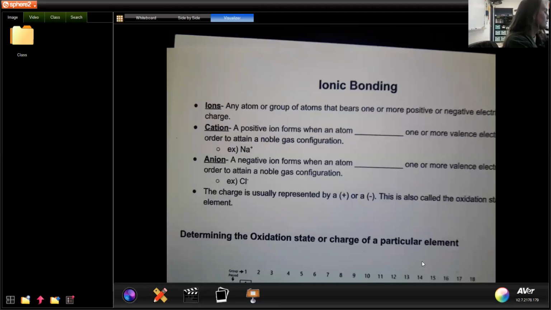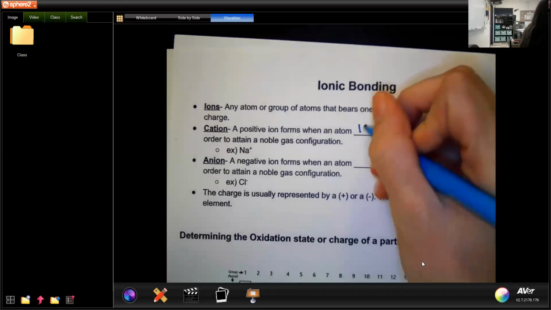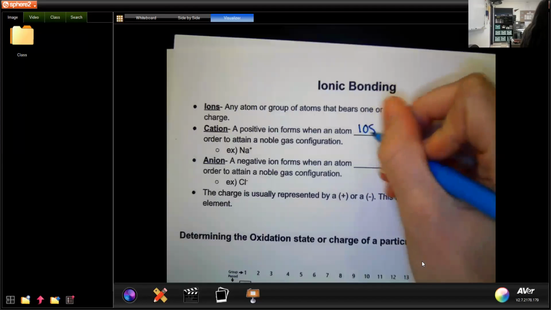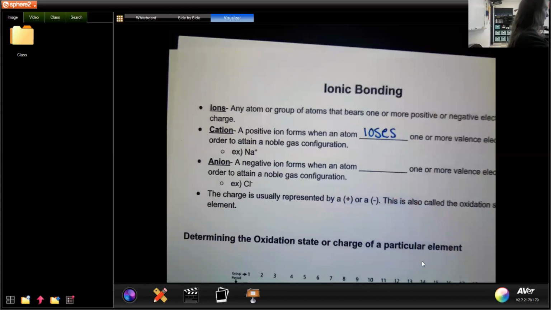This is where a positive ion forms when an atom loses one or more valence electron. So the word right there should be lose. In order to attain a noble gas configuration. So remember, all atoms are attempting to make this really stable noble gas configuration.